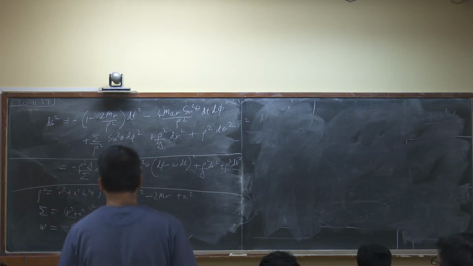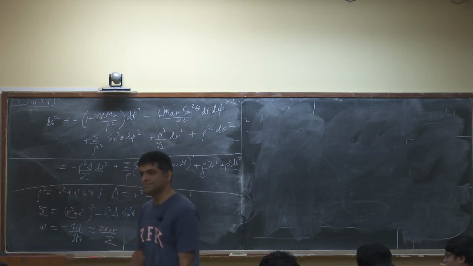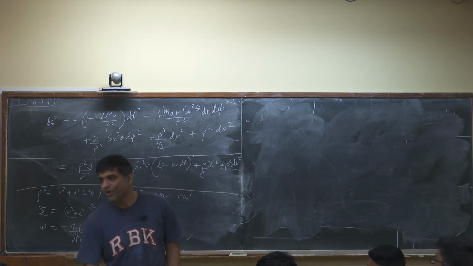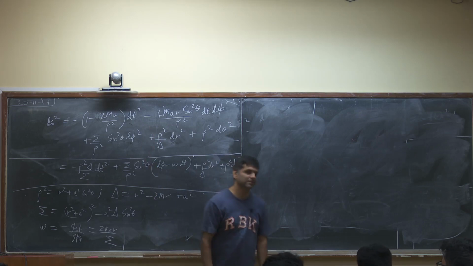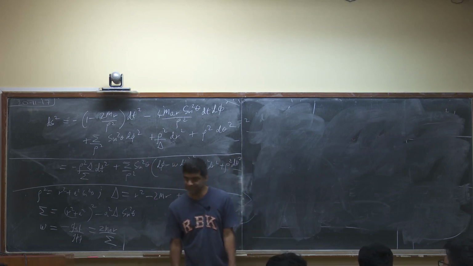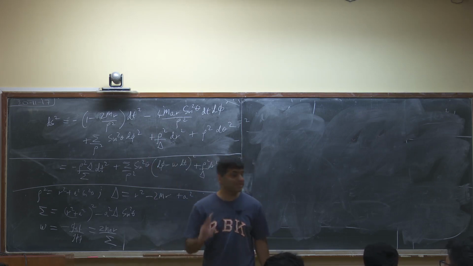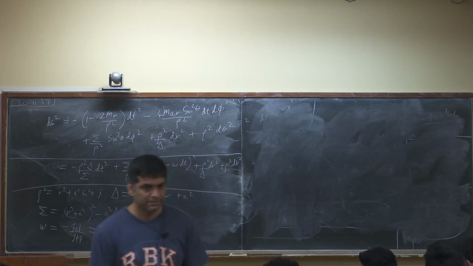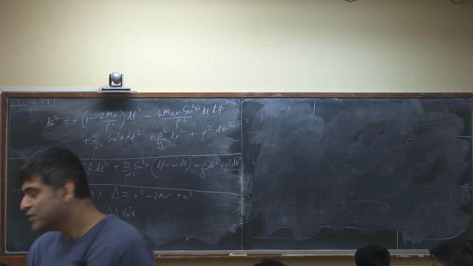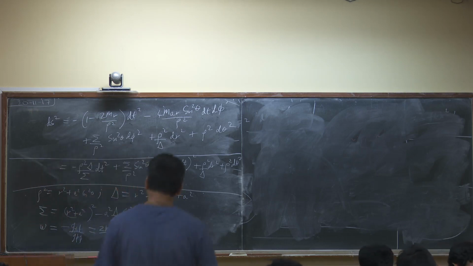Firstly, what is a, what is m? m and a are constants. So what we have is a 2-parameter set of solutions labeled by 2 numbers. Why is this reasonable? It's reasonable because there are 2 conserved charges: energy and angular momentum. So the first thing that is really interesting about black holes is this.